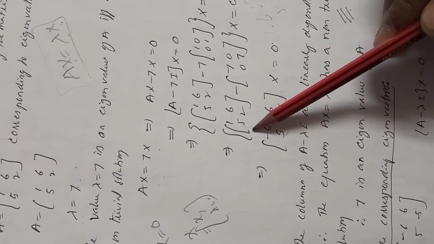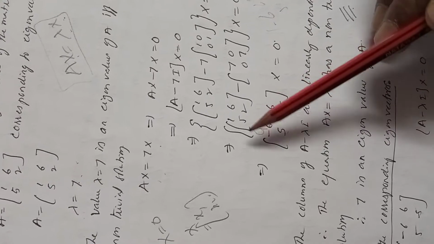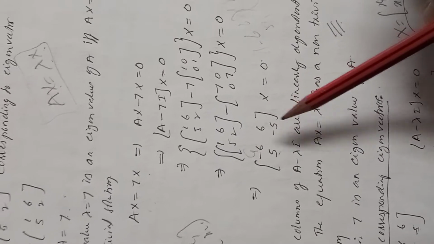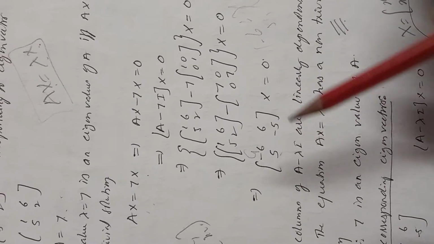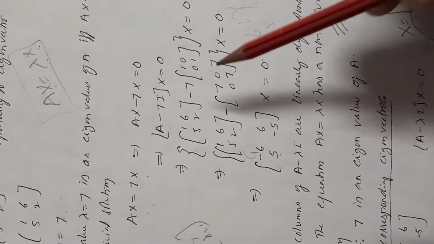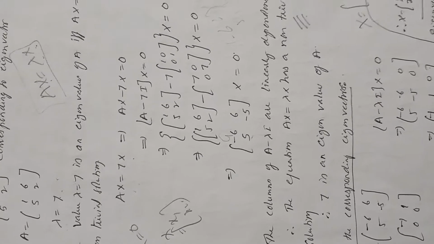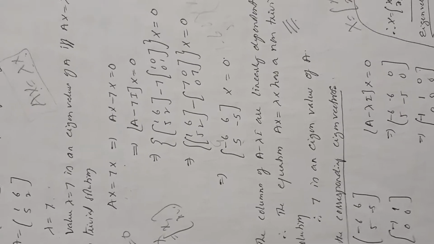That means the first column C1 multiplied by a minus sign gives the second column, isn't it? That means C2 is dependent on C1. Therefore, the equation Ax is equal to lambda x has a non-trivial solution. Therefore, 7 is said to be an eigenvalue of A.